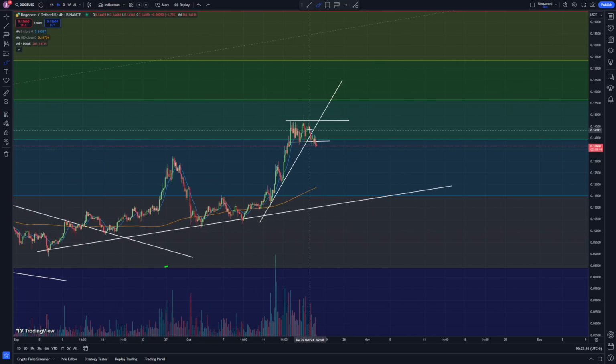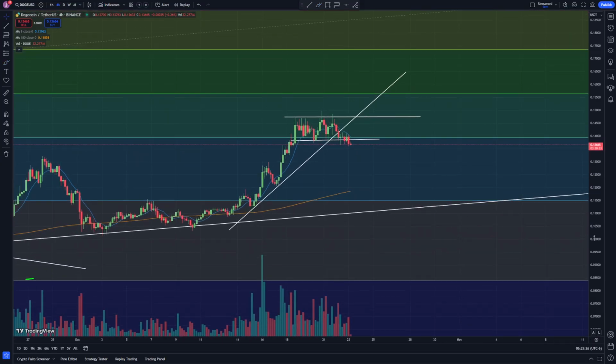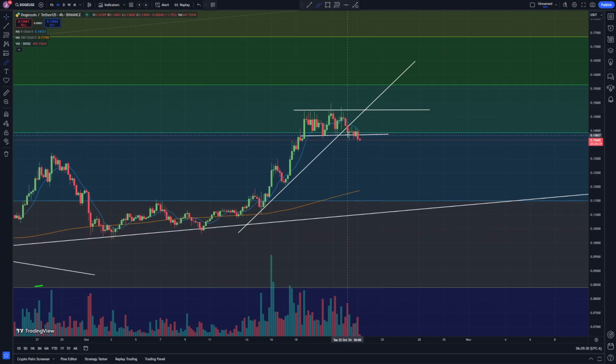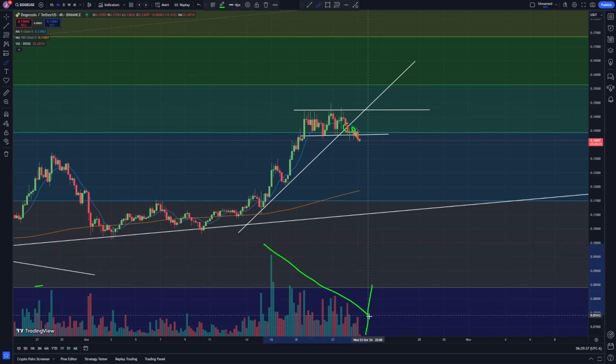And then it looks like we're having some trouble, or it's cooling off maybe. And it kind of looks like it's heading down. The volume's declining, so it's not 100% on this. If we started breaking to the downside and then we got red volume candles popping up, because look, the volume is declining.